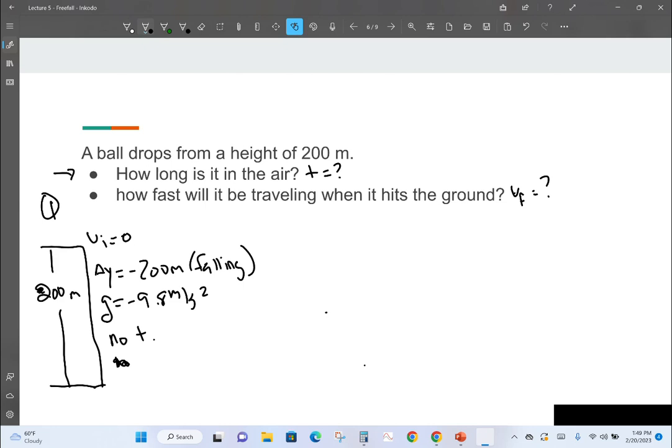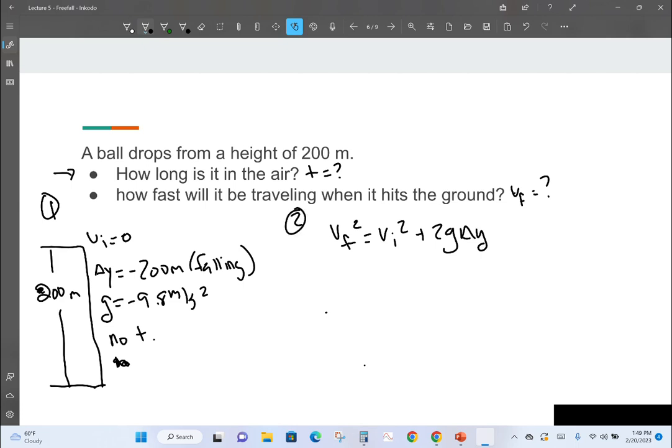So I need a formula that has VI, delta Y, G, and VF in it. The only formula that has all that is VF squared equals VI squared plus 2 G delta Y. And I'm looking for VF. Well, it's already solved for that, so I don't have to do any algebra.